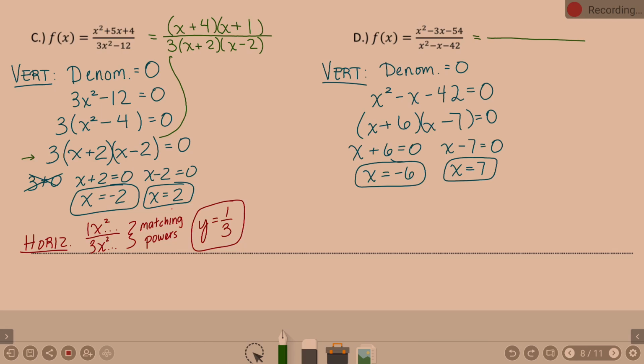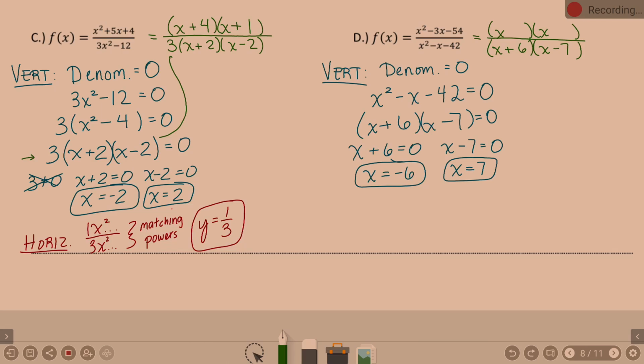Okay, guys. X squared minus x minus 42. We already factored this into what? X plus 6, x minus 7. Okay, let's factor that numerator also. X squared breaks into x times x.